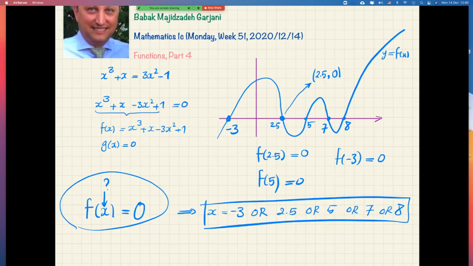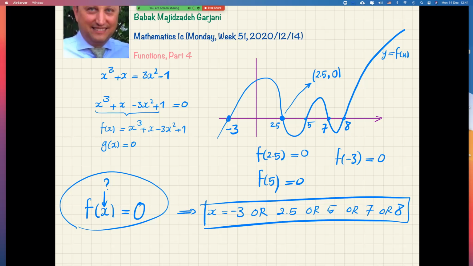But you need to know how, and you need to know why this method will work. How is easy: draw the graph of the function, check the intersection points, and read the x coordinates. These are the numbers you are looking for. But I want you to have a deeper understanding by having these ideas that I just told you. I want you to understand that this method indeed works.